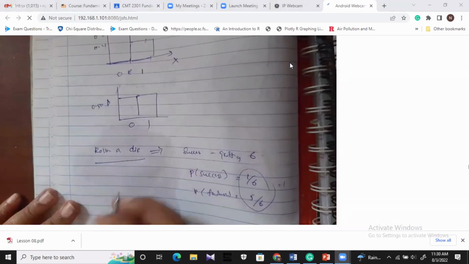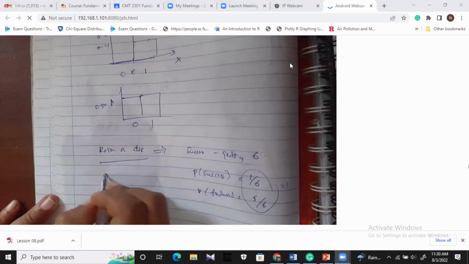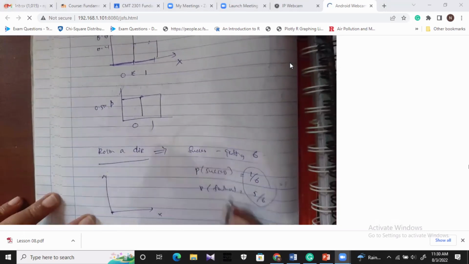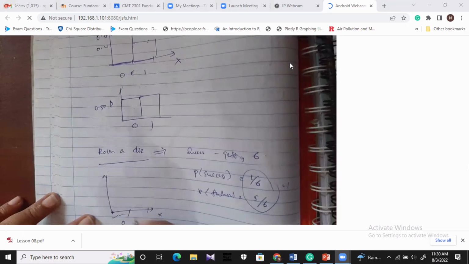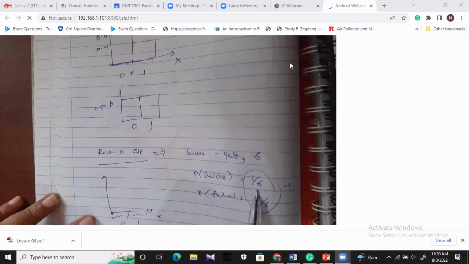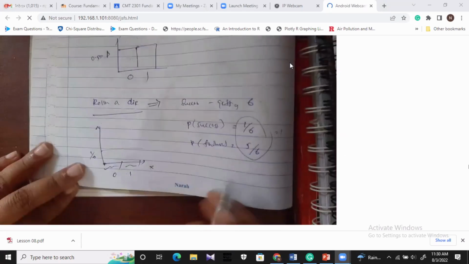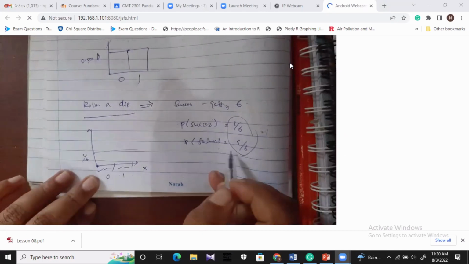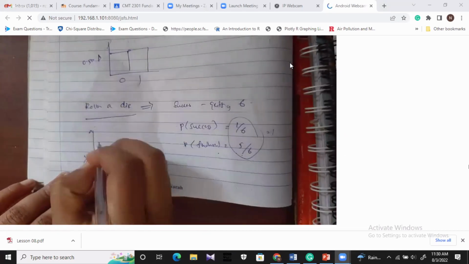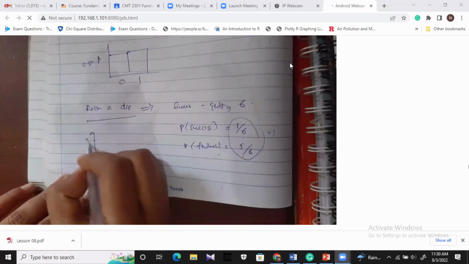In that case, if you draw the distribution like this, if you label success as 1 and failure as 0, then what is the probability of 1? That is 1 over 6. The probability of a failure is 5 over 6. It should be somewhere here, 5 over 6.